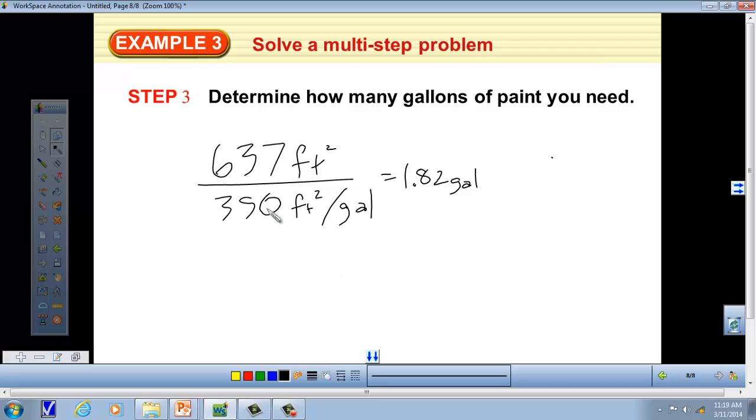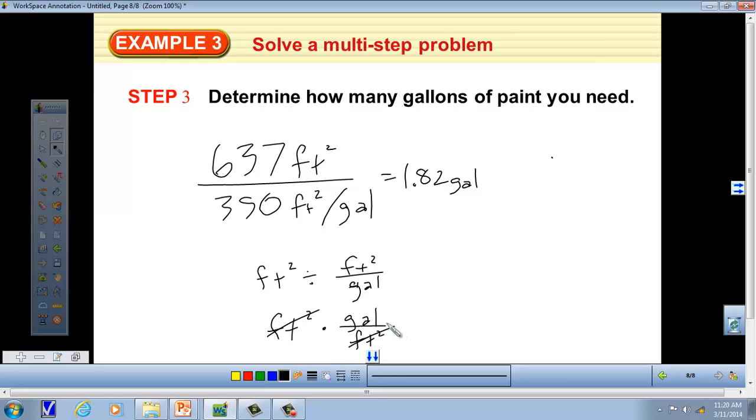And the reason for this, by the way, is if you have feet squared divided by feet squared per gallon, remember that's the same as feet squared times the reciprocal of that, which is gallons per square foot.